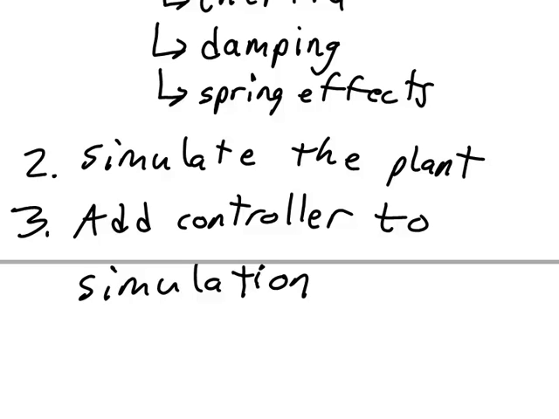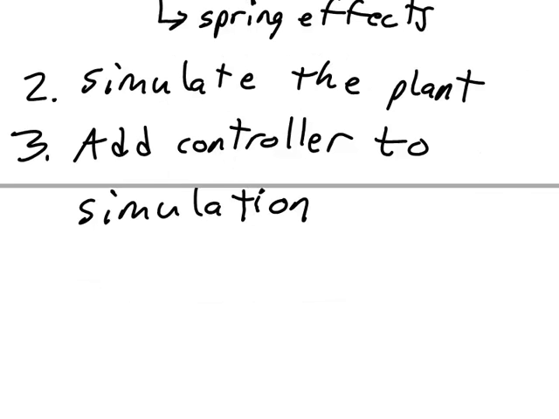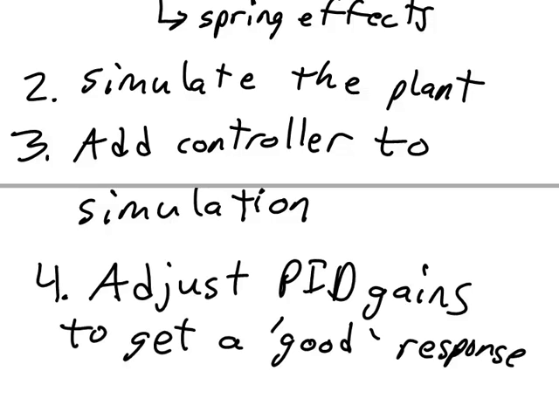Or we could build a simulation ourselves by knowing simply that the PID controller works on both the error and also the integral and the derivative of the error. The fourth step in this approach is to adjust the PID gains until we get a good response as calculated by our simulation.